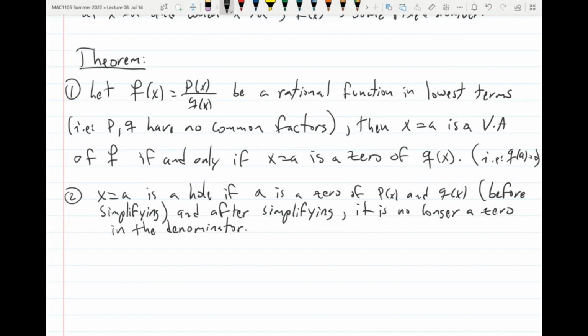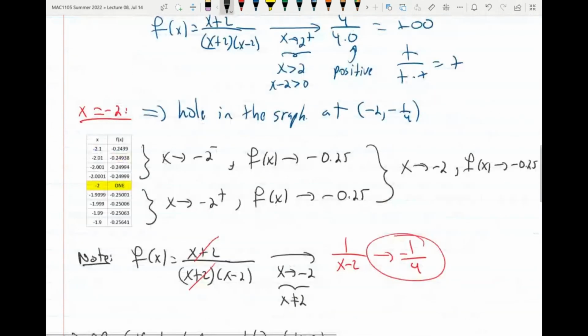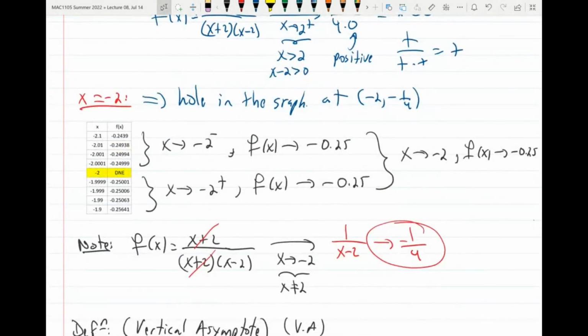So let's do some examples. I'm gonna give you some rational functions. I want you to give me vertical asymptotes, and if there are any holes, to locate them, okay? To identify them and tell me what the location of the hole is. By the way, if you have the hole, you know the x at that point when you see that the factor disappears. How do you find the y? So how did we get the -1/4? That -0.25. How can we find that?